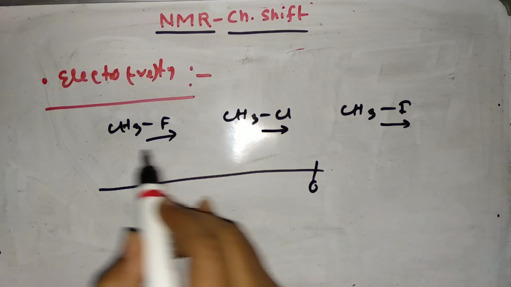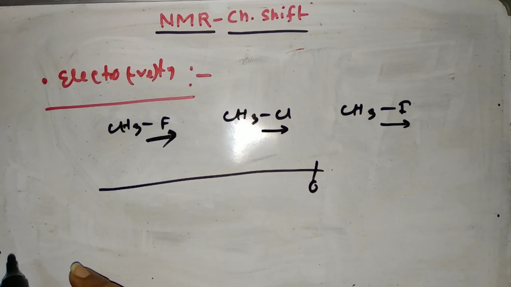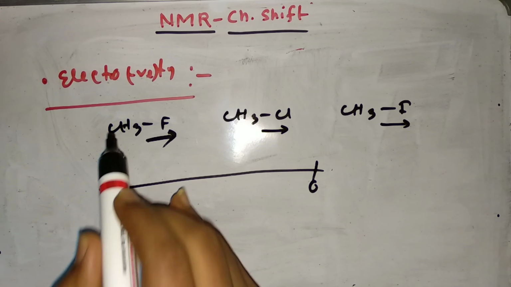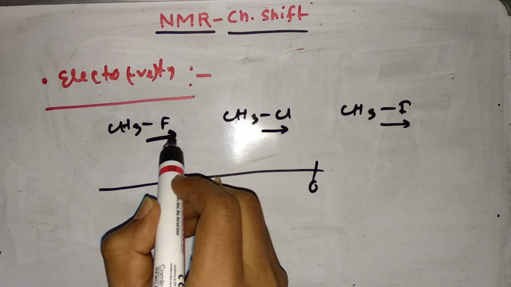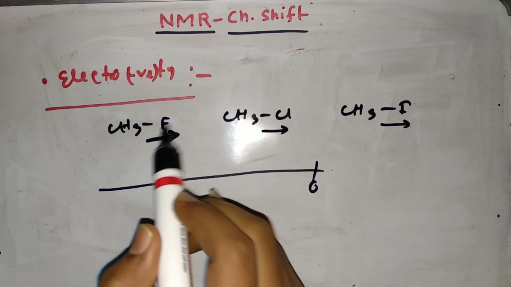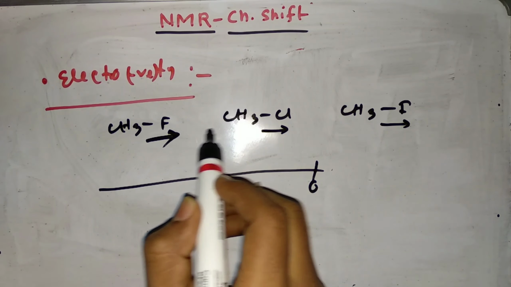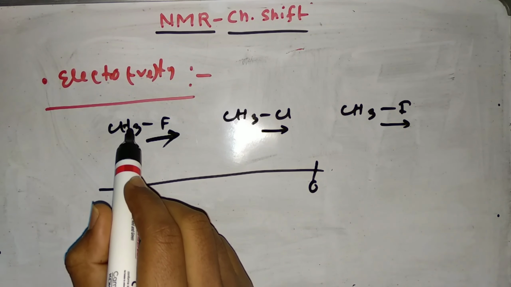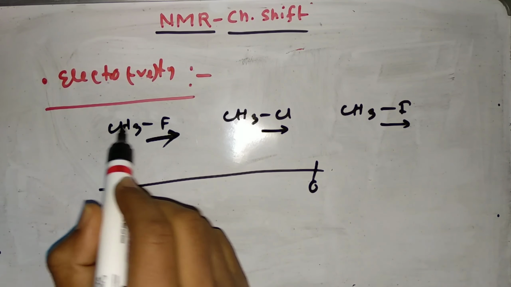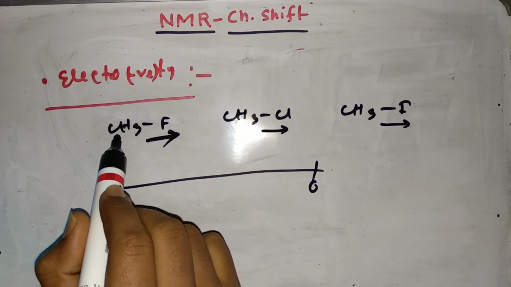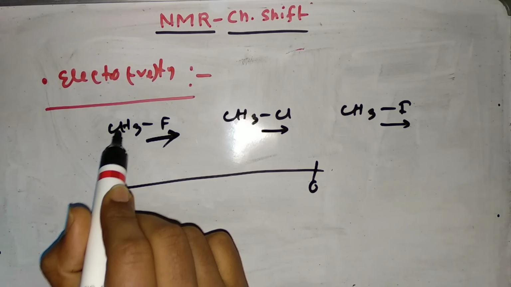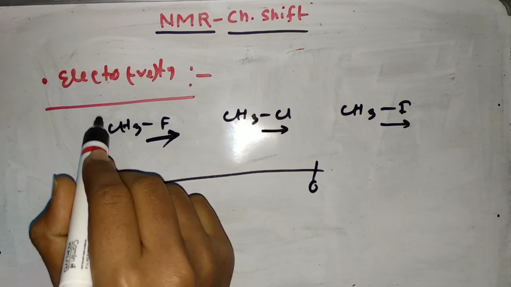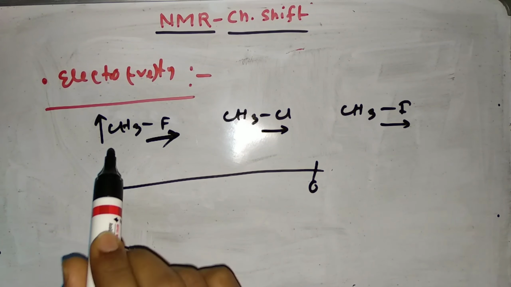So each will attract electrons toward itself. So if electron density shifts towards the right, then the electron density near the hydrogen atom will decrease. And if electron density decreases, then there will be a lesser amount of diamagnetic shielding.